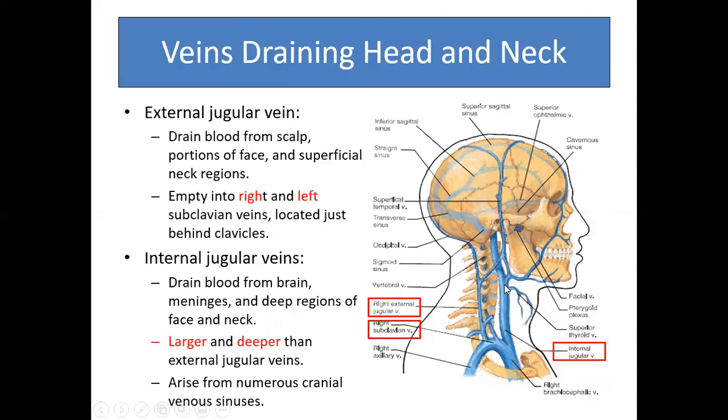This vein is larger in size and located deeper compared to the external jugular vein. You can compare the external and the internal jugular vein. This vein arises from the numerous cranial venous sinuses.